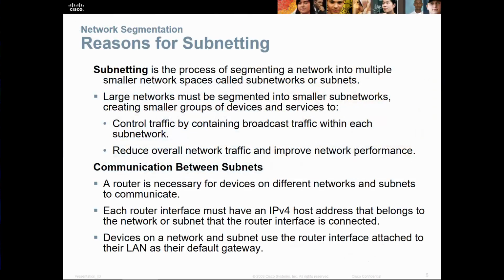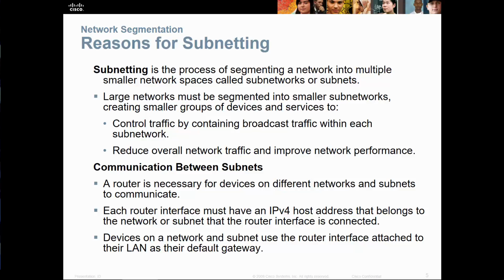Again, the formal definition of subnetting is the process of segmenting a network into multiple smaller networks. These spaces are called subnetworks or subnets. So we're taking a large network and we're carving it up into smaller subnetworks, creating small groups of devices and services.